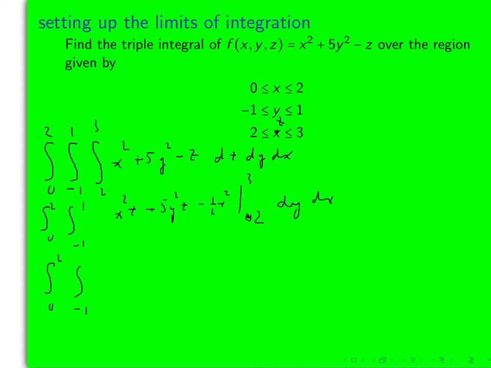So we plug in 3, we subtract, we plug in 2, and if you do that, you get, and you simplify, of course, x squared plus 5y squared minus 5/2, and then we're going to need to integrate with respect to y and then with respect to x.